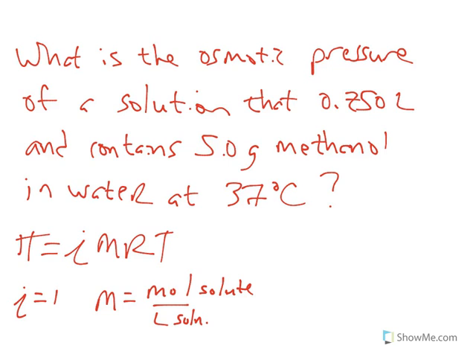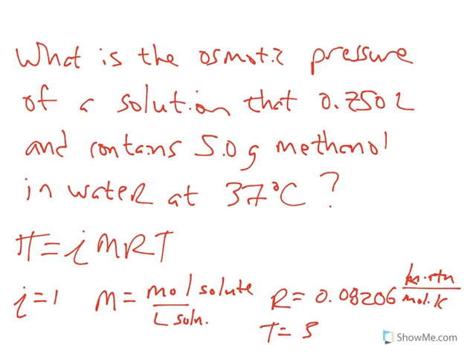That's going to require some calculations. R is our gas constant. And T in this case is going to be 37 degrees C plus 273, to give our Kelvin, which in this case is going to be 310 Kelvin.